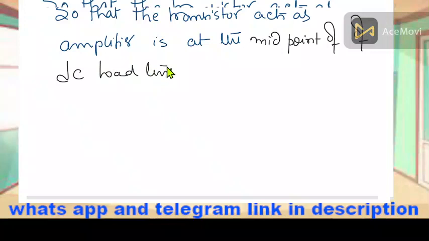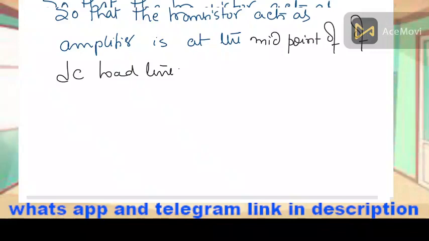We can also examine this, or we can also prove this. We will see how we can locate that Q point for several circuits. We will see it later on. First of all, let us understand more about the importance.